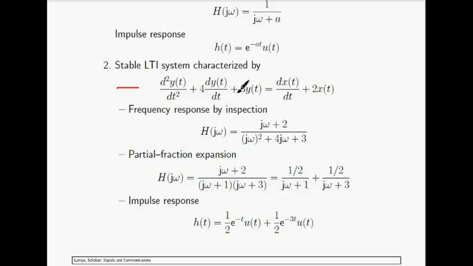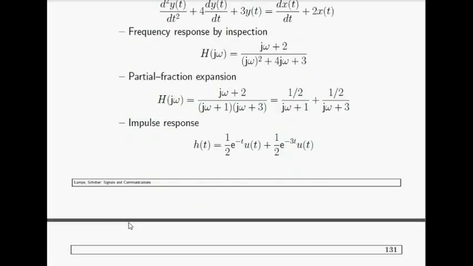So H of j omega will be Y of j omega upon X of j omega, which is (j omega plus 2) upon ((j omega)^2 plus 4 j omega plus 3). With the help of partial fractions I can rewrite this equation in this manner, and its impulse response will be half e to the power minus t u(t) plus half e to the power minus 3t u(t), which is of the form e to the power minus a t u(t).